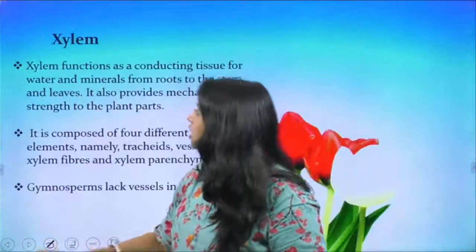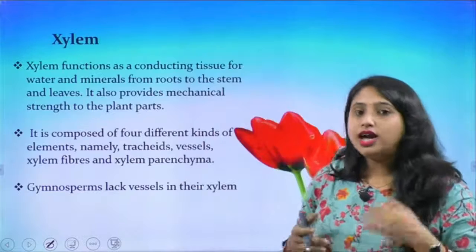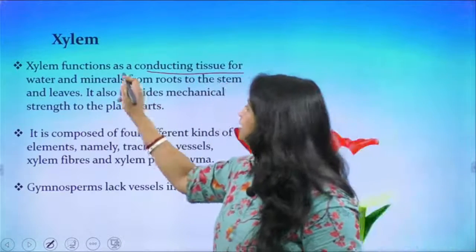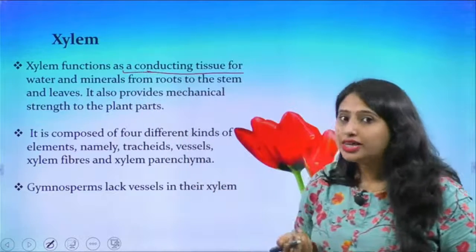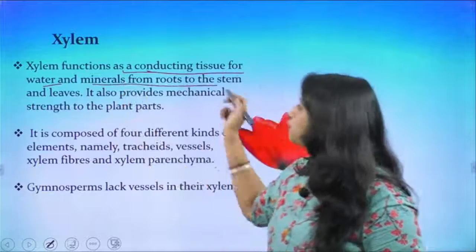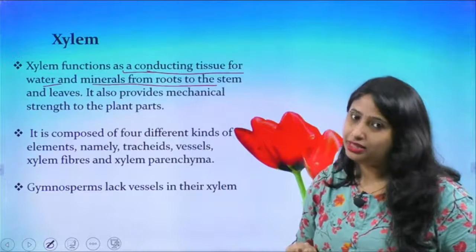Let's see what is this xylem. Xylem, as you know, functions as a conducting tissue for water and minerals from roots to the stems and the leaves.